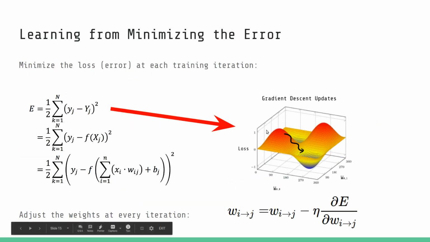So if here we have a weight 0 and a weight 1 in a neural network, and we start here, then the loss, which is a synonym word for the error, if we want to minimize it, then we will step in that direction. So we would leave the weight 1 untouched, and we would increase a little bit the weight 0, so we would move like that. And example after example, we can see where to move.